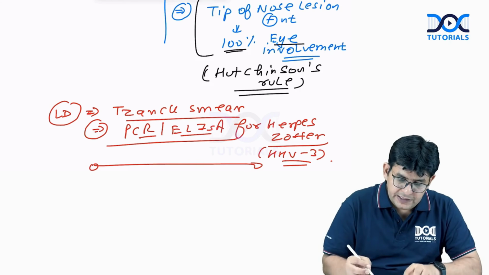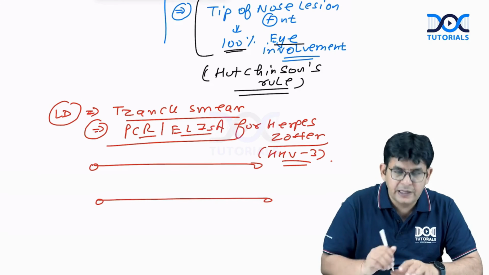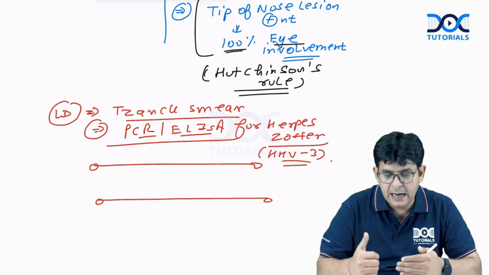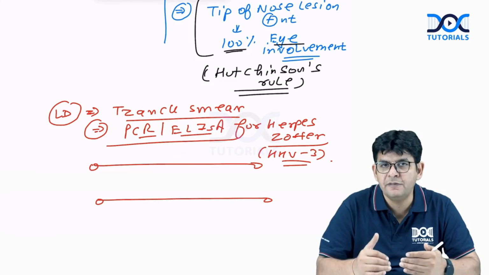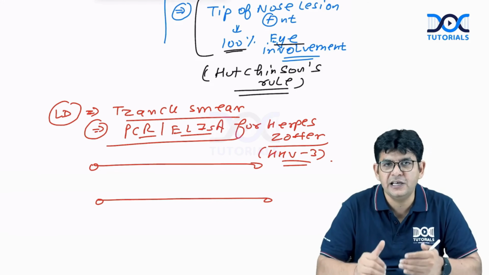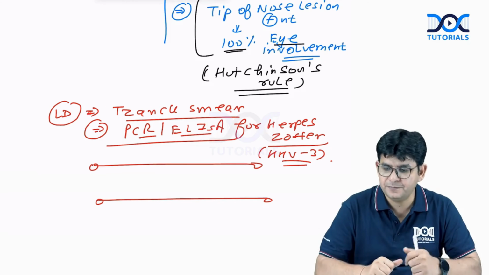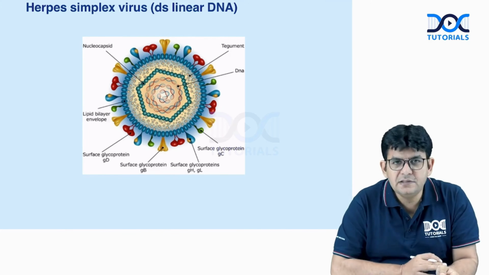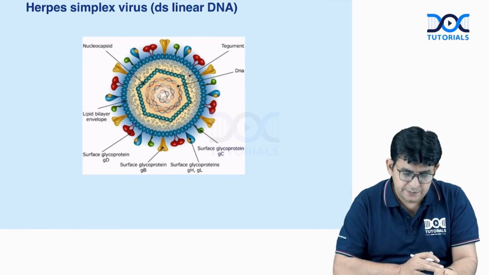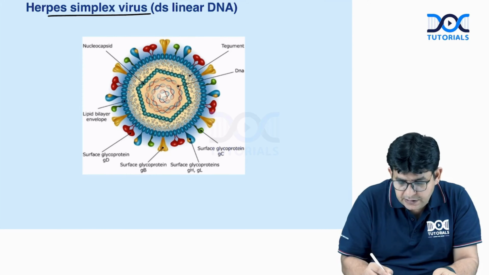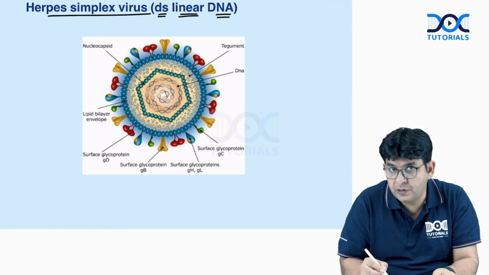So these two important things you need to know regarding herpes simplex virus 1 and 2. And along with that, in the alpha herpesviridae, we have HHV3 also, that is the chickenpox virus. After doing the herpes, let's see the pictures of it. The herpes simplex virus is a double-stranded linear DNA virus, as I've already told you.